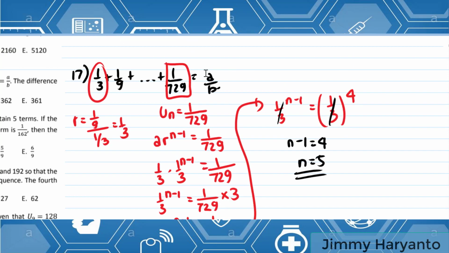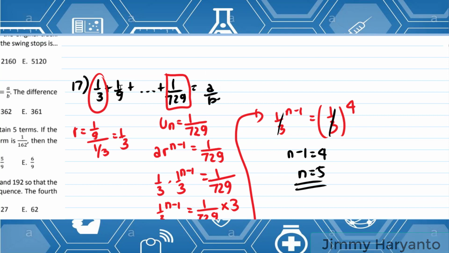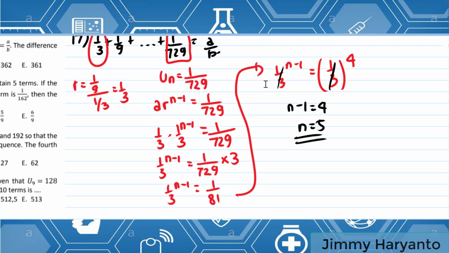And then what is a over b? a over b is the sum of these numbers, so I have to find S5. S5 for geometric progression is a in the bracket r to the power of n minus 1 over r minus 1. But look at the ratio.